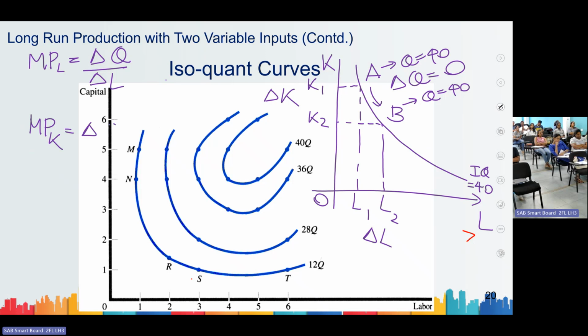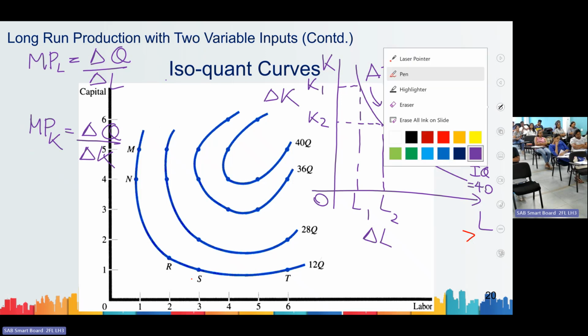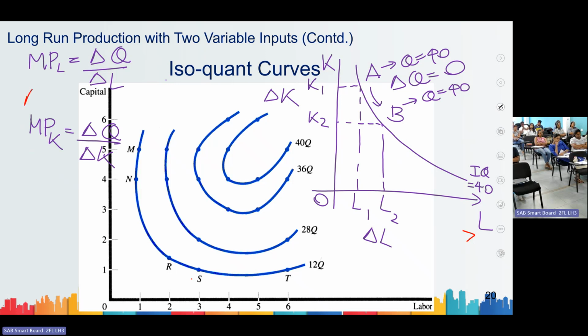That is change in output divided by change in K. With these original formulas, we can rearrange them so that delta Q will be equal to MPL multiplied by change in L. I just applied cross multiplication: MPL into delta L equals delta Q. I do the same thing here also. Then delta Q equals MPK into delta K.